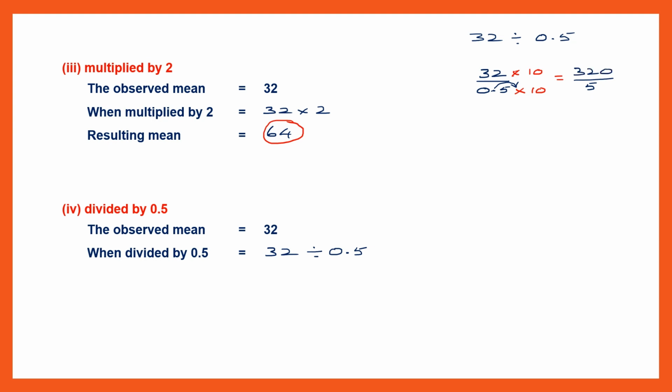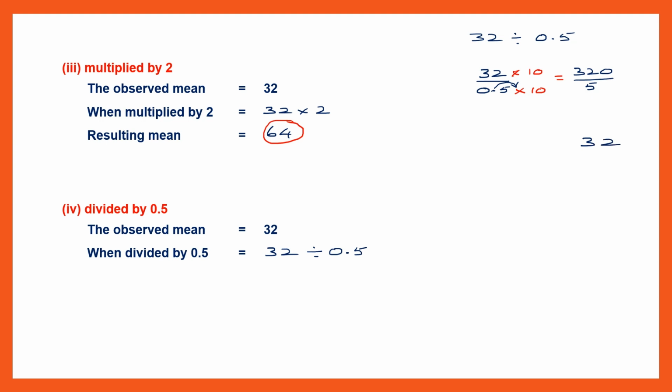That's a whole number, isn't it? 32 is a whole number. So there's no point there, so you don't have to move the point anywhere. Instead, you simply multiply 32 into 10, you get 320. So now look at the denominator, it has become a whole number. So now you can do your normal division. Divide 320 by 5.